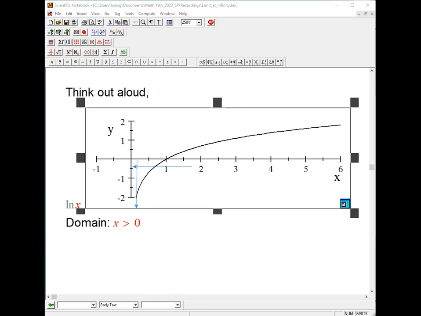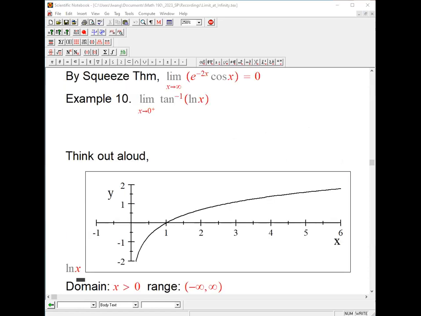It could go as low as possible. And the range of that function is from negative infinity. This is a very important function, and you're going to use it in your calculus classes. I'm going to use it throughout this course.